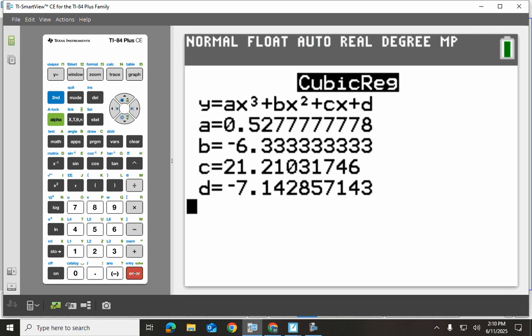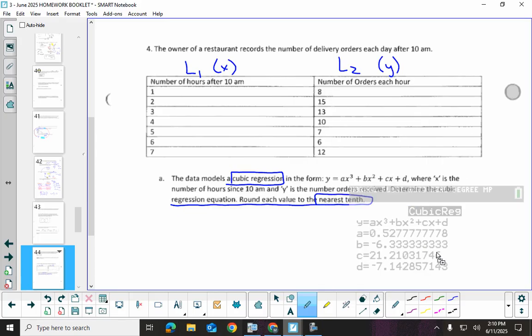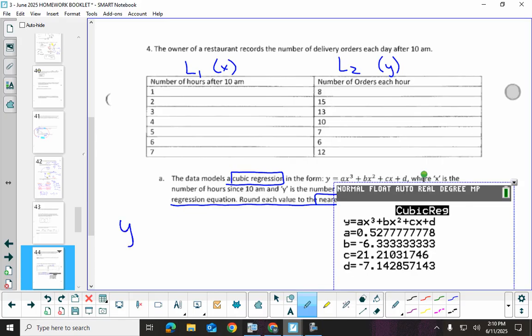So one number after each decimal. So the answer would be 0.5x cubed minus 6.3x squared plus 21.2x minus 7.1.